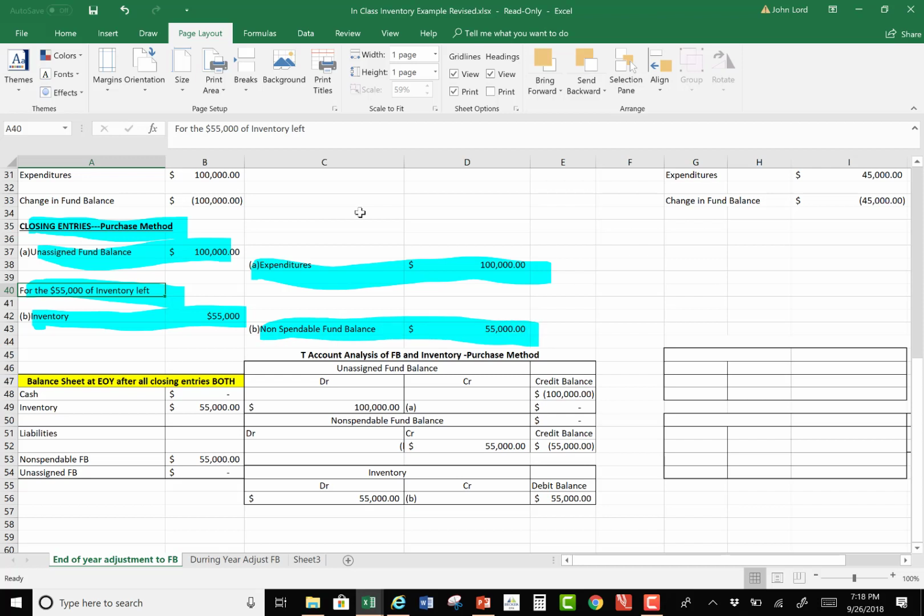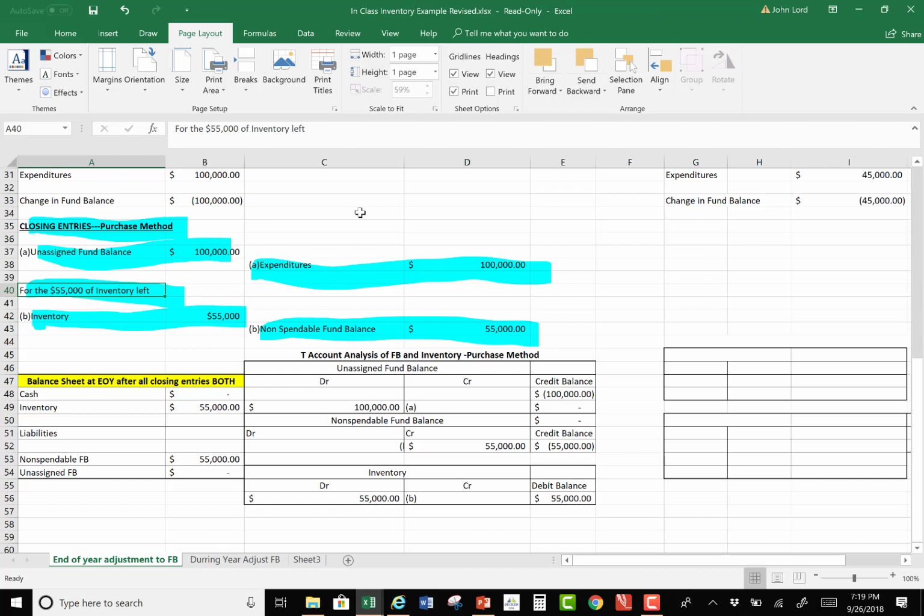Remember we said that the amount of your inventory must match the amount of the non-spendable fund balance? If they drop an atomic bomb, the last thing the governmental accountant's hand does is reach out from the rubble and make sure that the inventory account balances with the non-spendable fund balance for inventory. Those numbers always have to match.